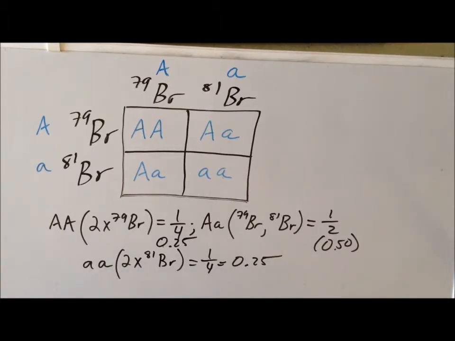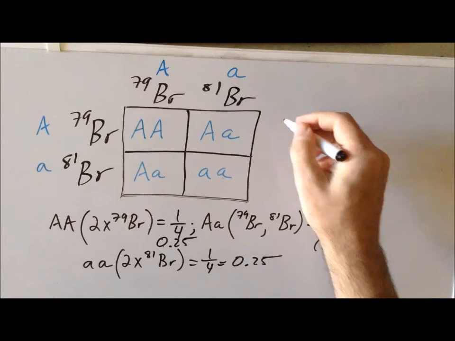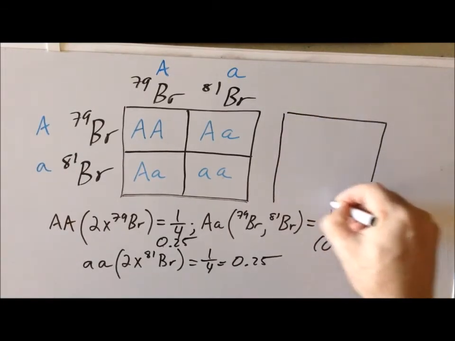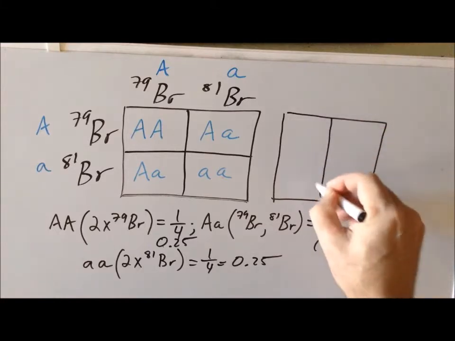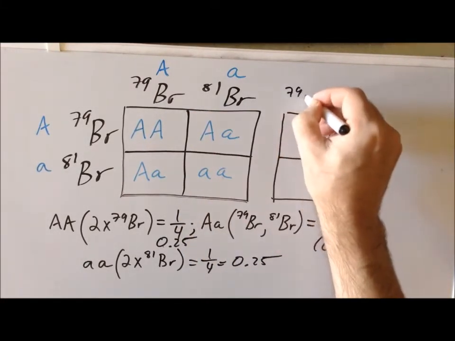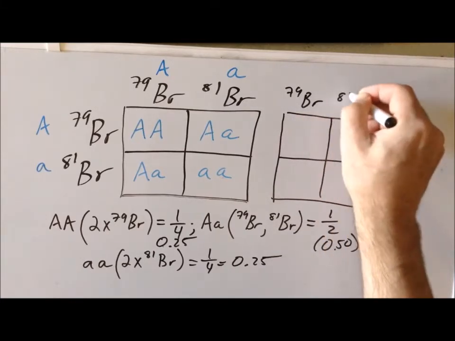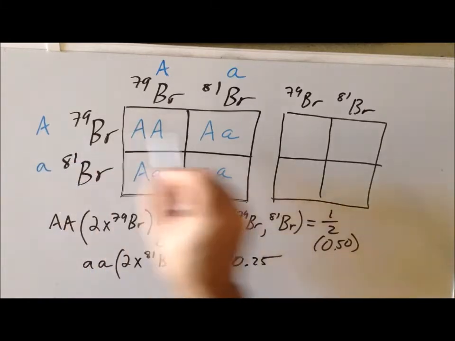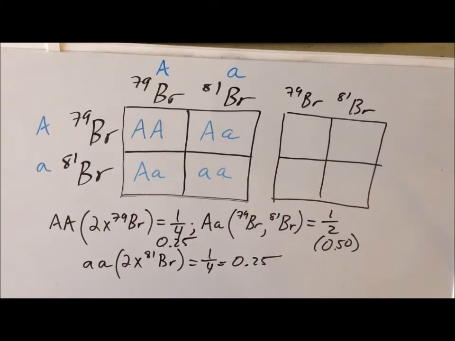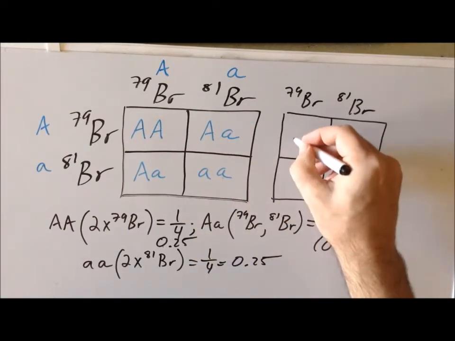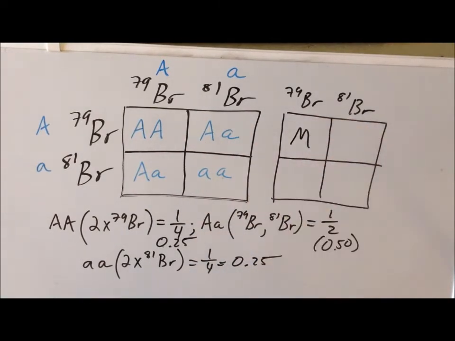So if we think of it in terms of molecular ions, we can write the same sort of box here for bromine. And I will write this again to the top to remind us. But we'll use the same labels for the rows, so I don't have to write it again. And we notice that this combination here of two bromine 79s would correspond to the molecular peak, which we refer to as M in mass spectrometry.